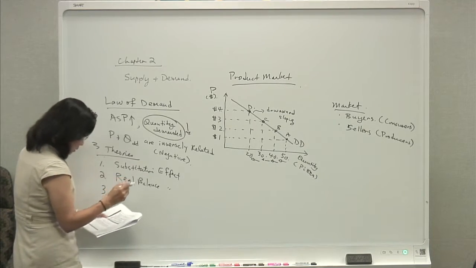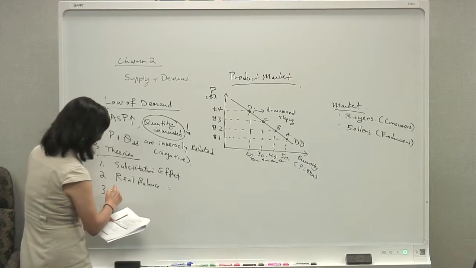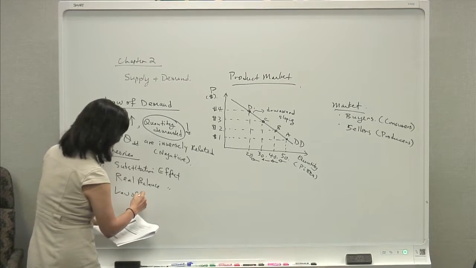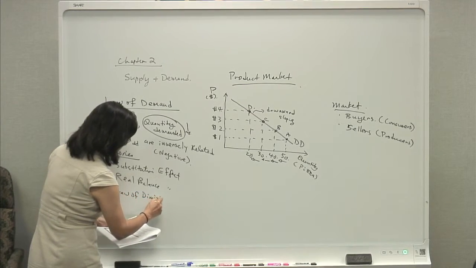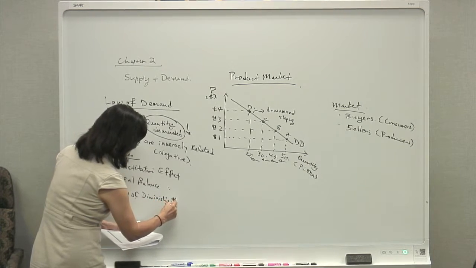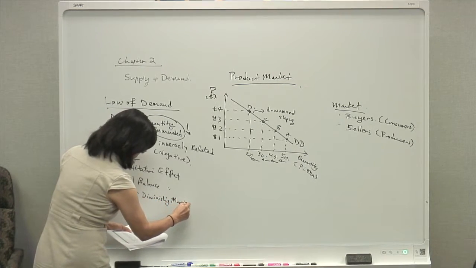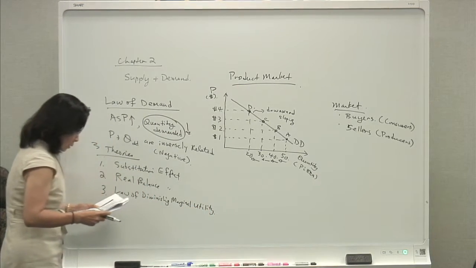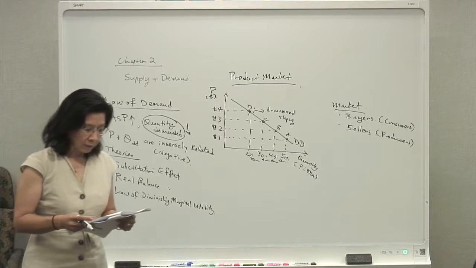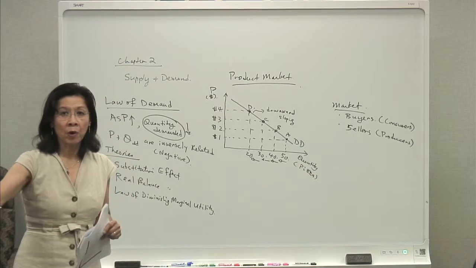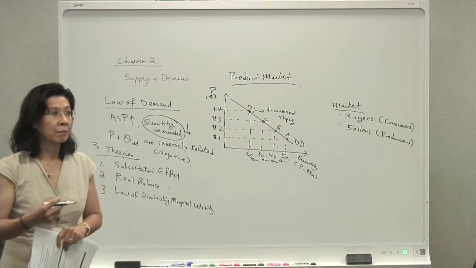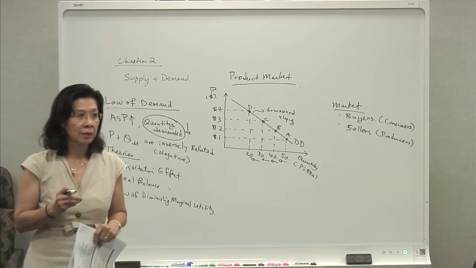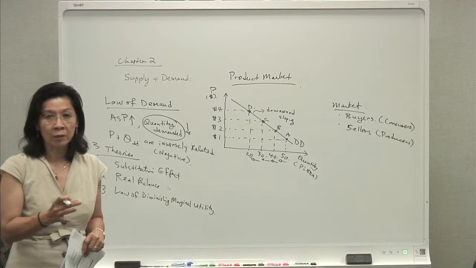The last theory that we would look at is called the law of diminishing marginal utility. According to this, if you consume more and more goods, for example, you are hungry, so you go to the vending machine and try to buy a Snickers chocolate bar.